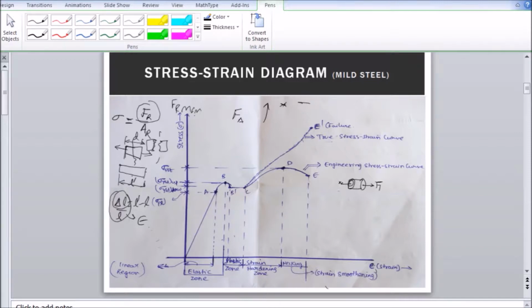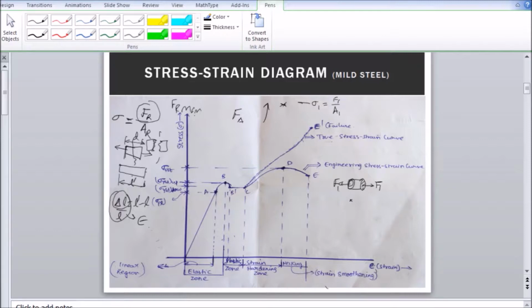Since we are applying the load normal to the area of cross section, the stress generated across any cross section, since it is a uniform cross section, in this initial case, let it be sigma 1, will be F1 over the initial area of cross section A1.